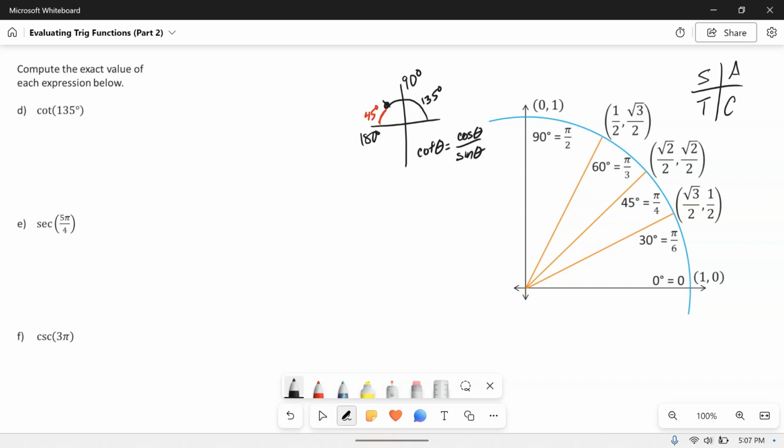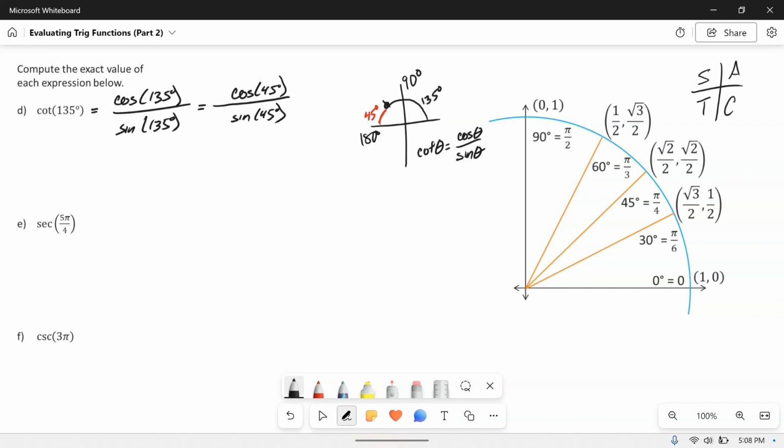So we're going to rewrite the cotangent of 135 degrees as the cosine of 135 degrees over the sine of 135 degrees. Okay, and then we're going to jump from 135 degrees to our reference angle, so cosine of 45 degrees and sine of 45 degrees.